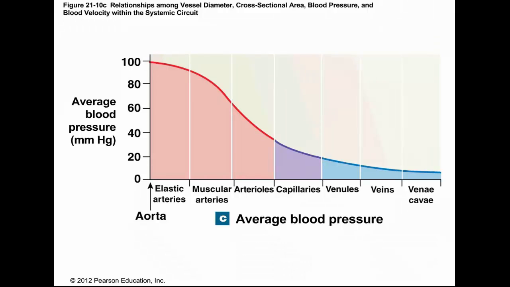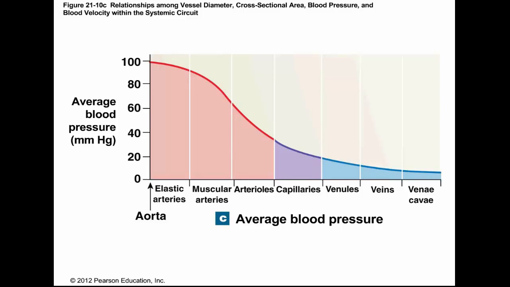In this diagram, we're looking at average blood pressure. Again, we've got the same order of blood vessels: the aorta, the muscular arteries, the arterioles, the capillaries, the venules, the veins, and the vena cava.